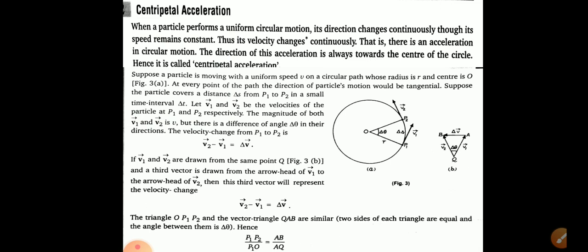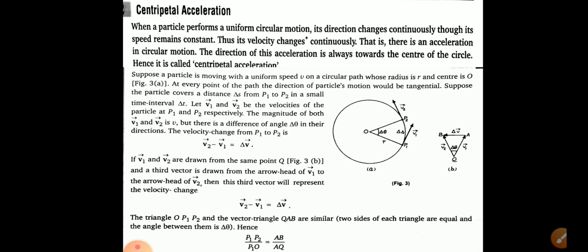Now let us assume the instantaneous condition. In the instantaneous condition, points P1 and P2 are very close, so arc P1P2 can be considered as a straight line. Therefore, the shape OP1P2 is equivalent to a triangle.